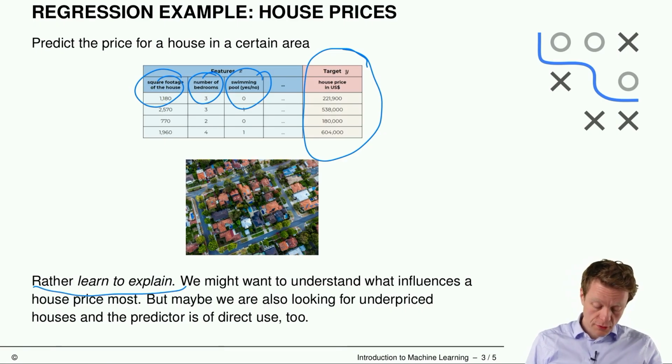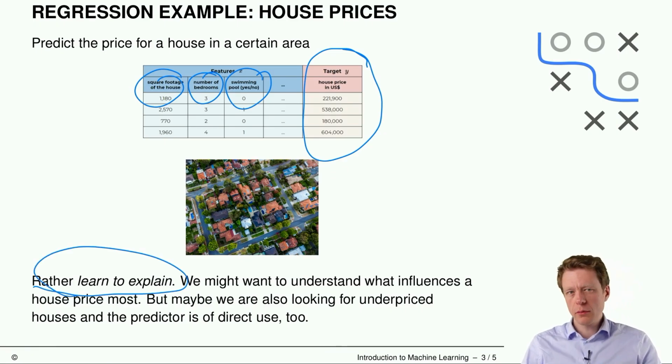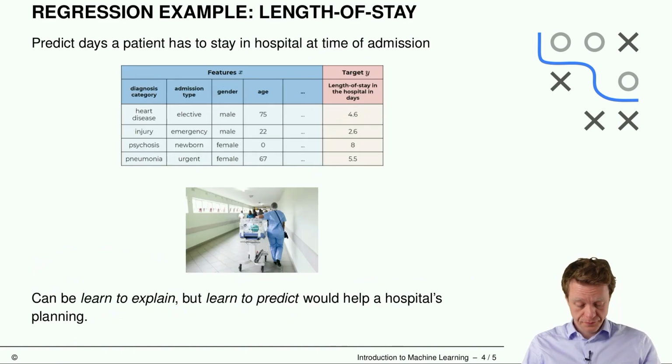Here in this case we are probably more interested in learning to explain. We might want to understand what influences a house price most, but we could also try to make up a prediction model to find out if a house is underpriced or not. So learning to explain and learning to predict could both be viable goals in this example.